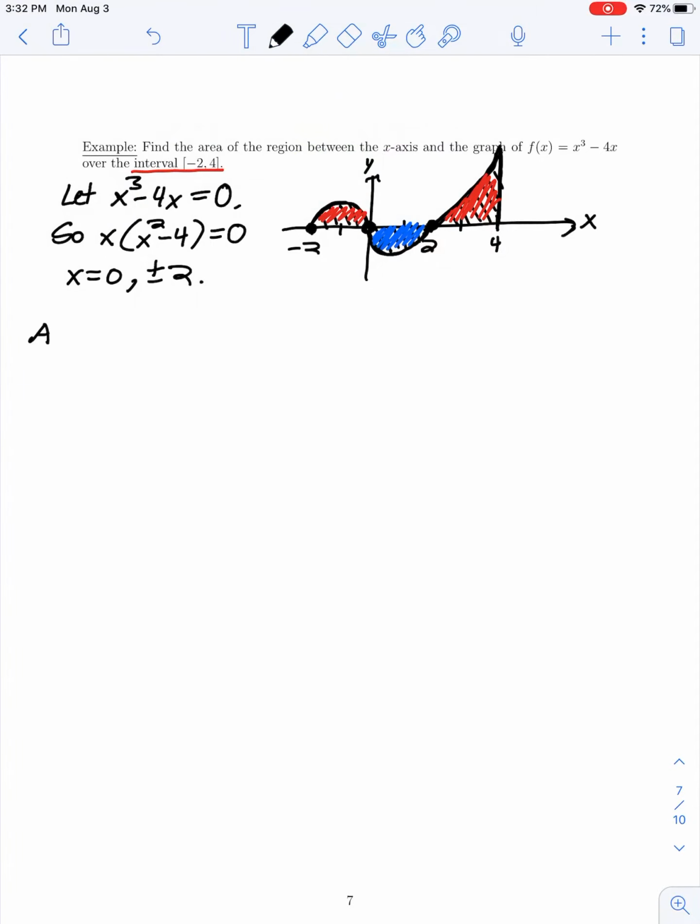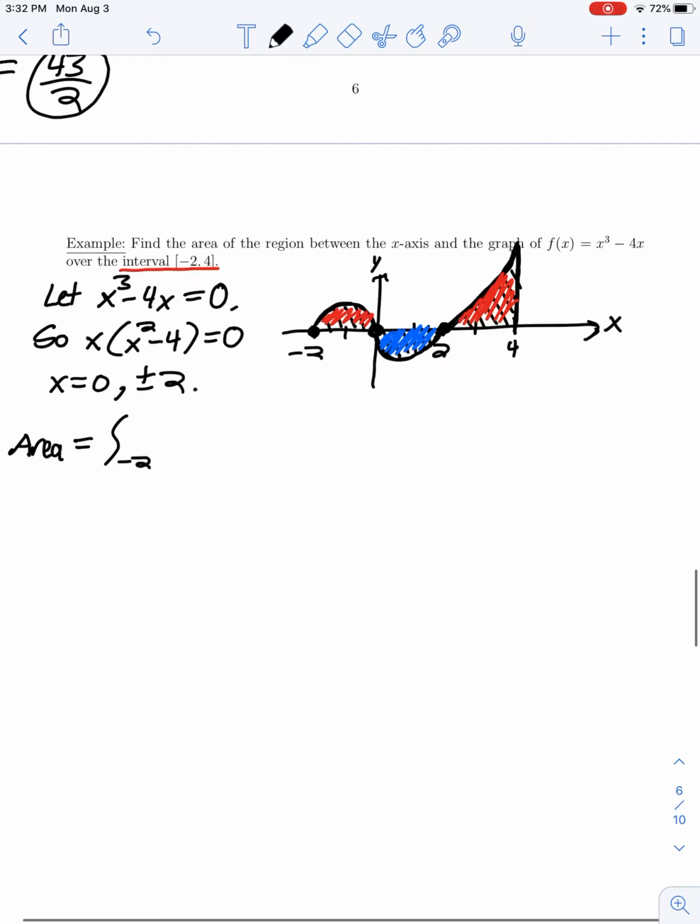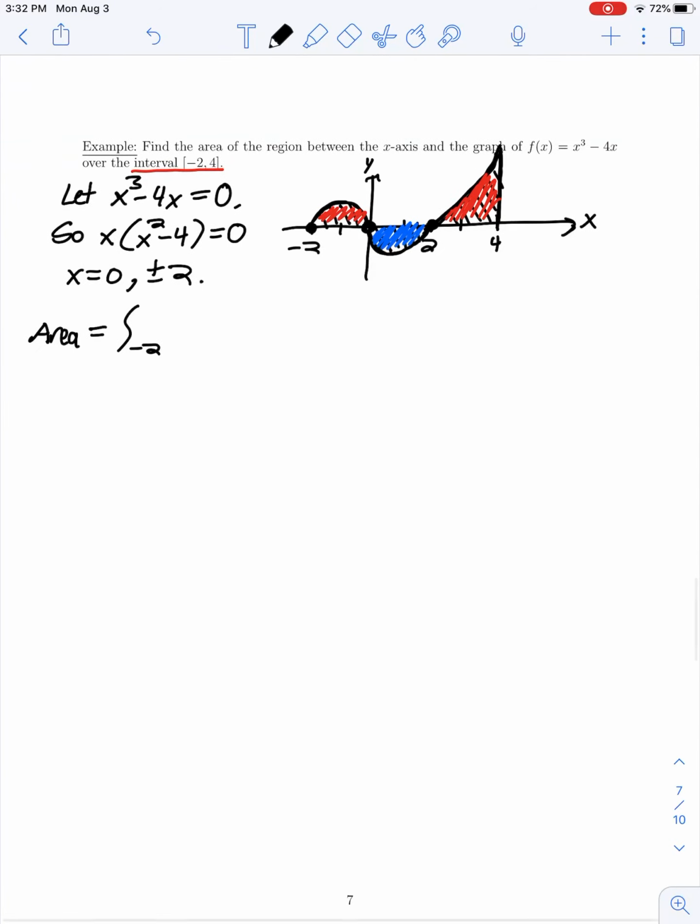So, to get the area of this region of interest, we would first take the positive area from -2, or the positive integral from -2 to 0 of our function, which was x cubed minus 4x dx. Then we would take the negative of the area below the x-axis, that is from 0 to 2, our function x cubed minus 4x dx.